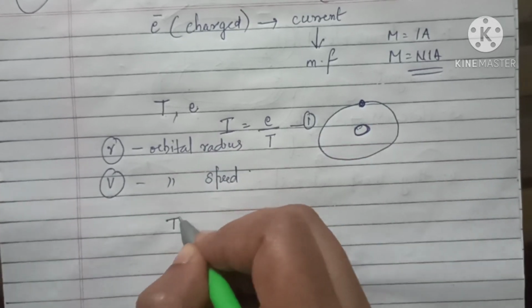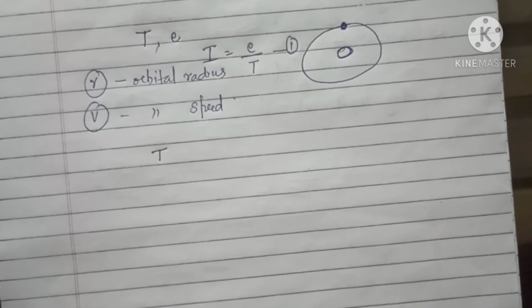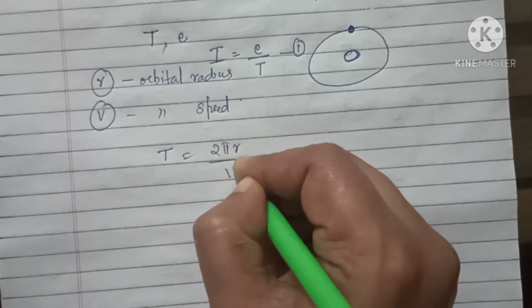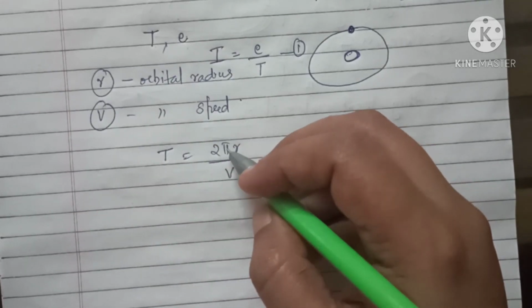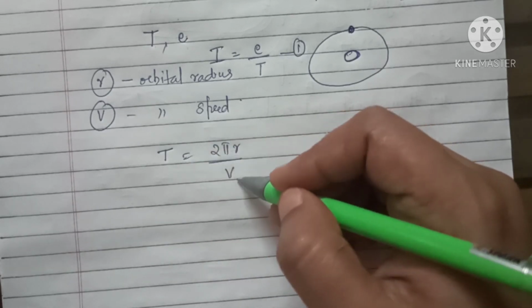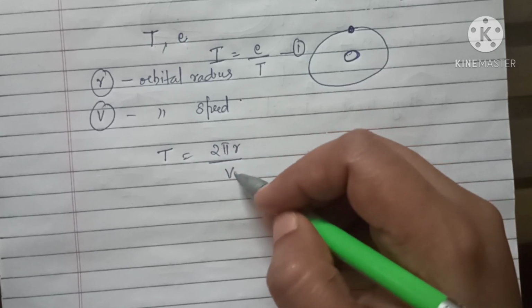Then there is an equation for the time period that you know, that is T is equal to what? 2 pi r by v, isn't it? 2 pi r by v, because the total circumference, or the distance covered, divided by the velocity will give you the time. So 2 pi r is the distance, by v, 2 pi r by v.